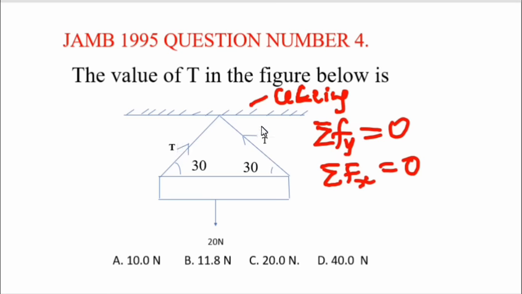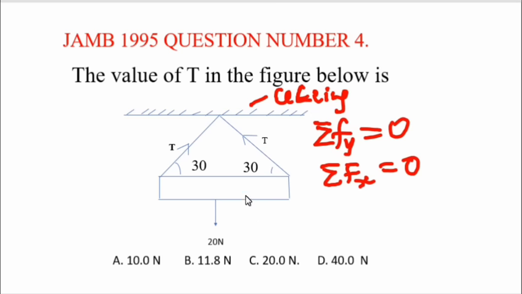Let's say the tension is T, the same tension on both ropes, and the rope is inclined at an angle of 30 degrees to the weight. The question is to find the value of T.